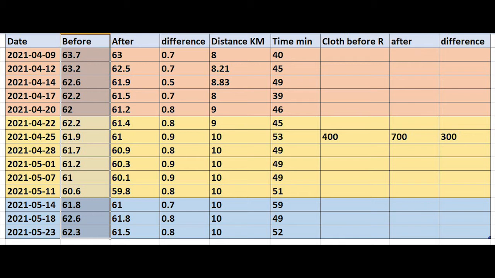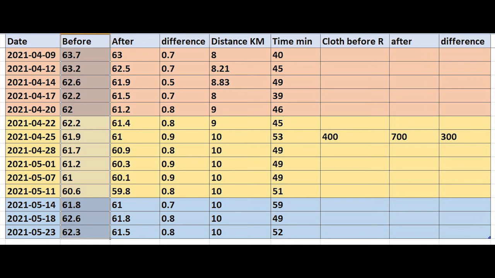And if you look at the training pass after, on 14th of April, you can see it's also about 600 grams less than the weight on the training pass before. So each time I'm clearly losing some weight, and in this orange period I ran intervals.